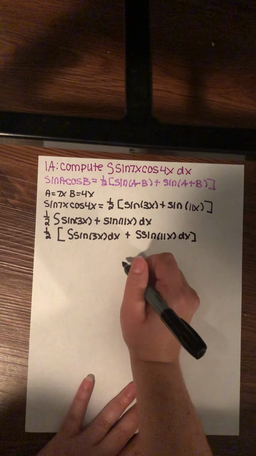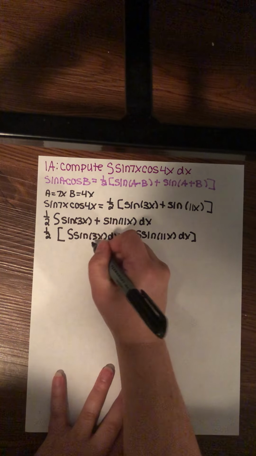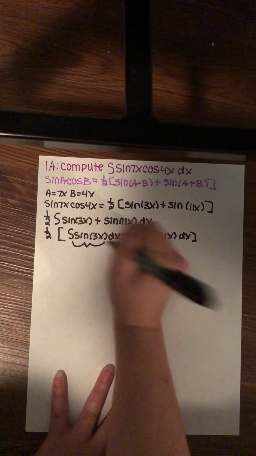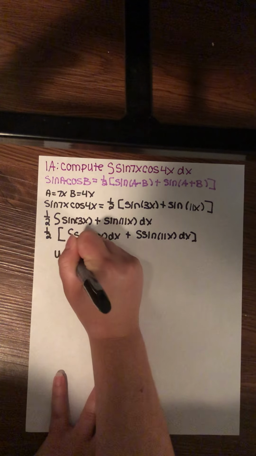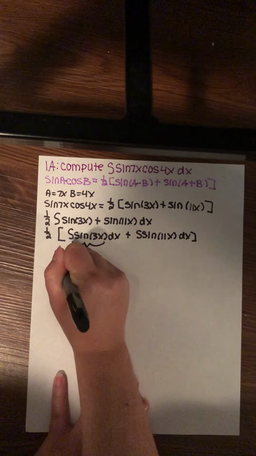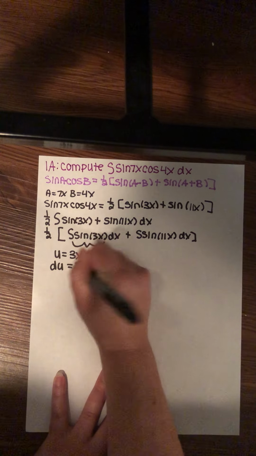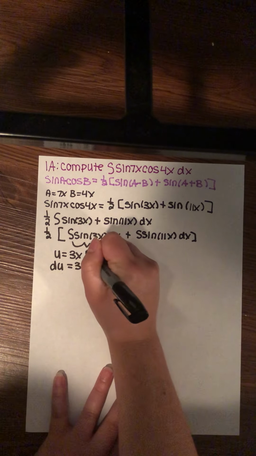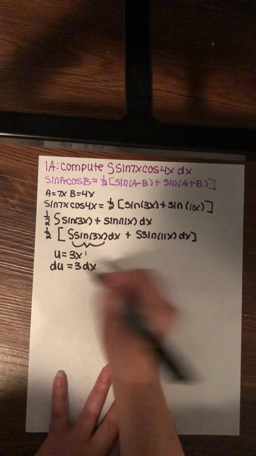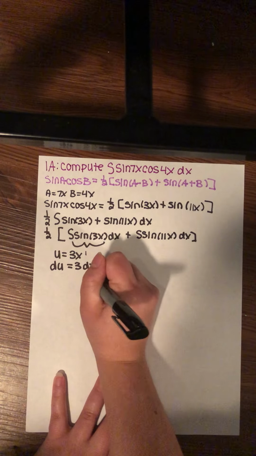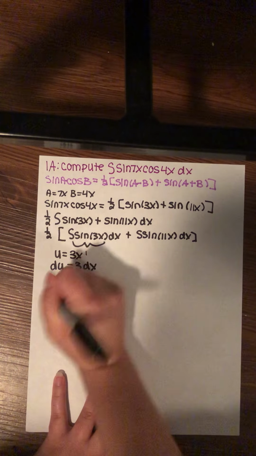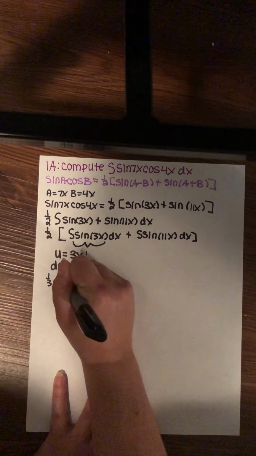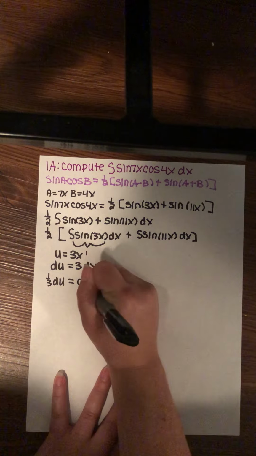If you look at this, we can use u substitution for both. So for the first one, u will equal 3x. And to find du, we find the derivative of 3x, which of course is just 3 dx. Because the exponent's 1, you multiply the exponent and subtract, so it's 3 dx. And to simplify the dx so we can put it into the equation, we put the 3 on the other side by dividing, which would be 1/3 du equals dx.